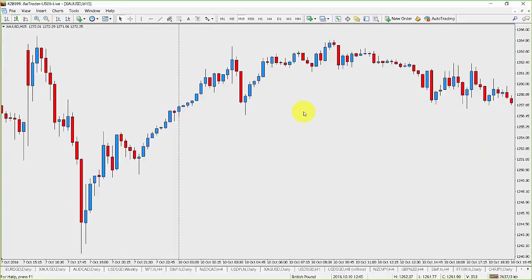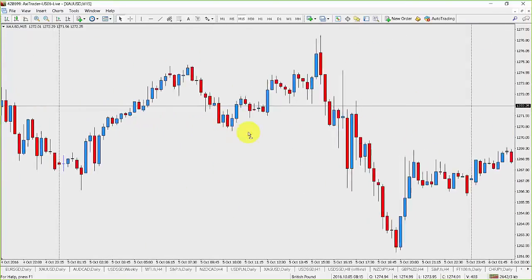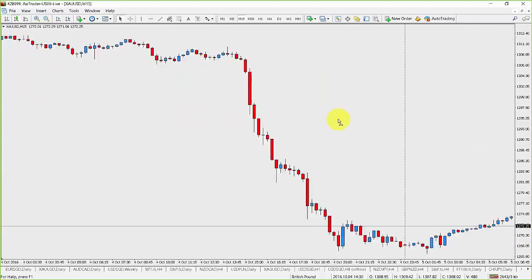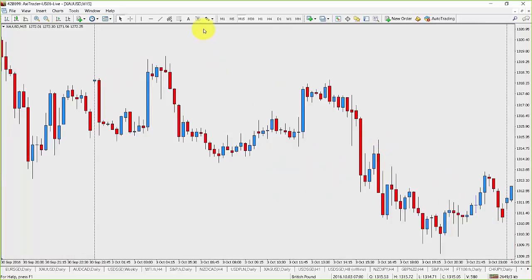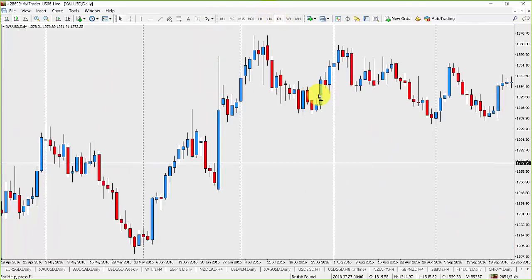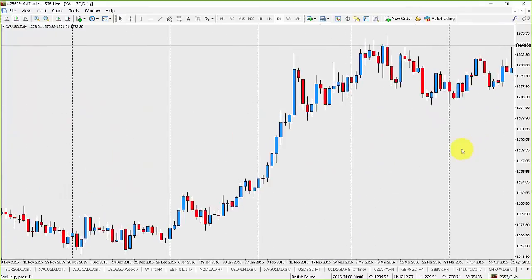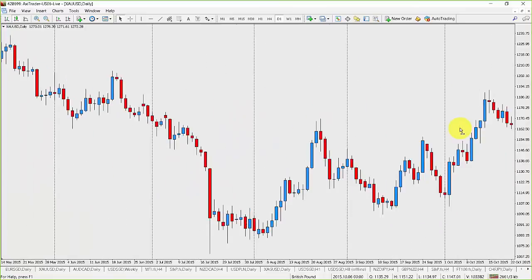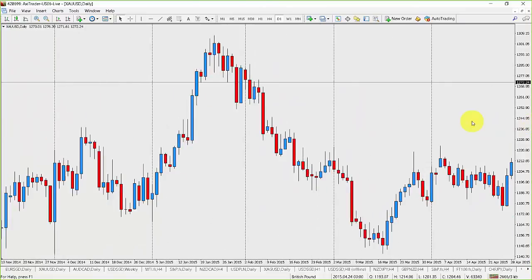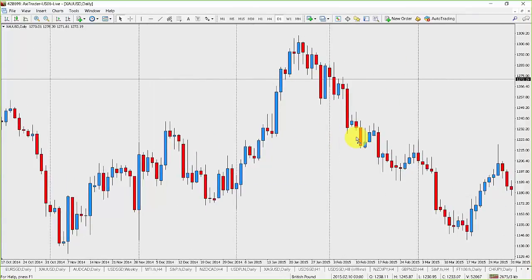The problem with all these is a lot of sideways chop, and I want to show you a nice textbook example. All right, let's go daily then. Here's one. Here's one right here.